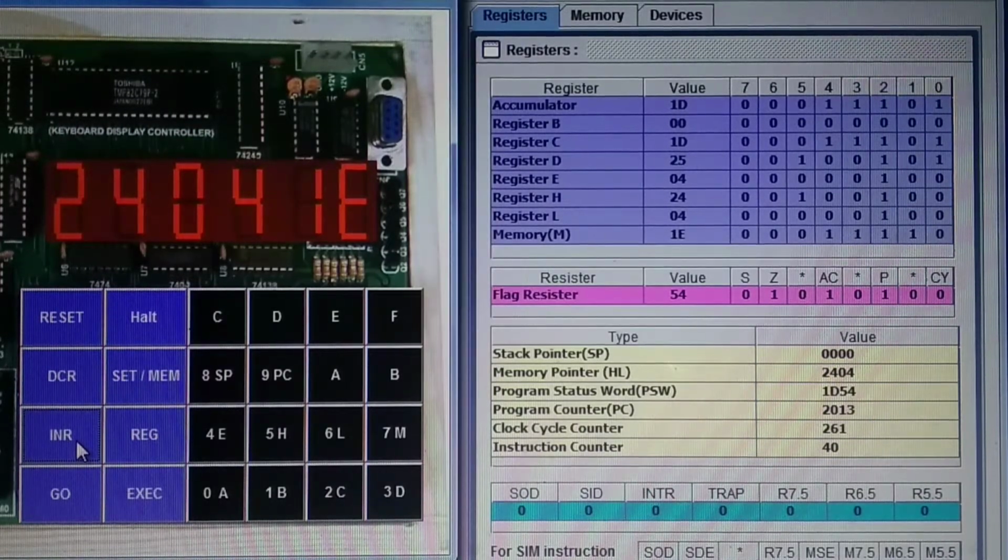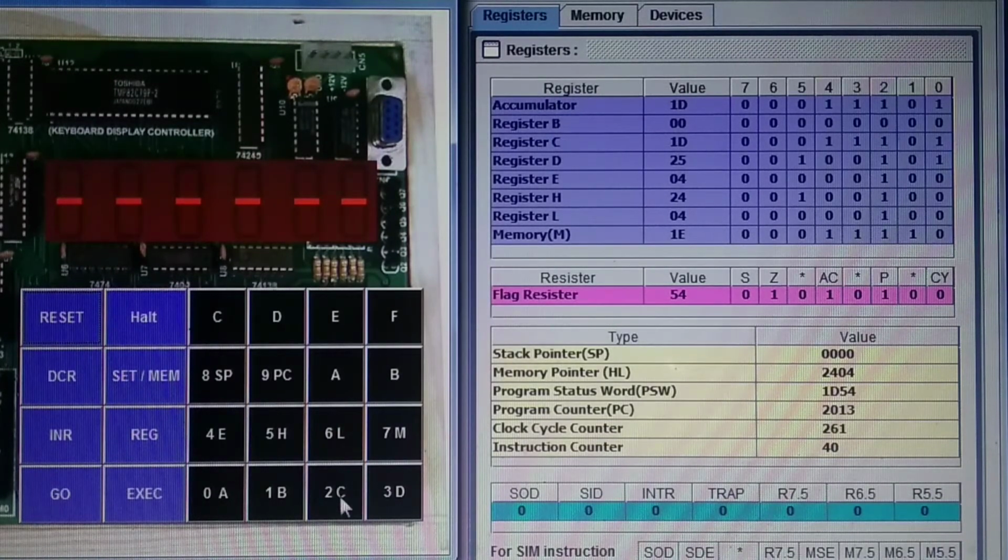Okay. Next, reset, go to memory 25, reset, examine memory 2500 and increment. You will get 1A, 1B, 1C and 1D.